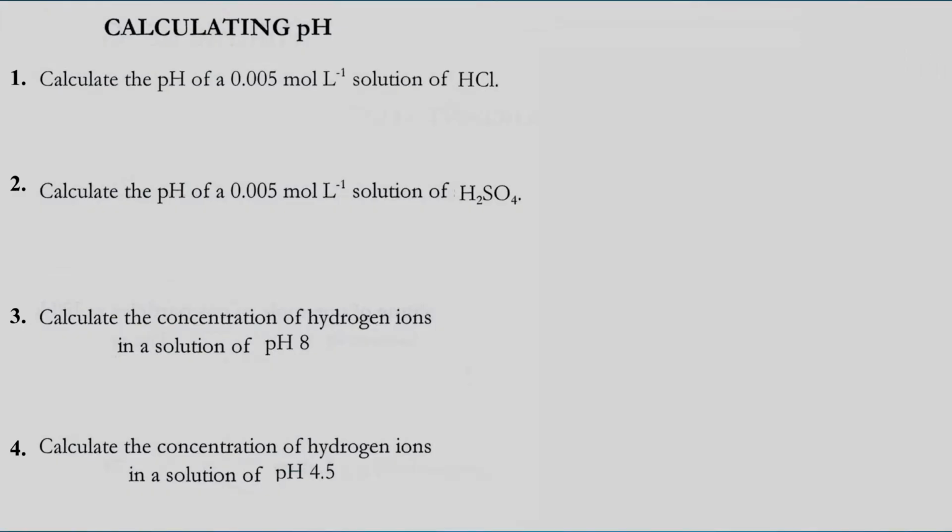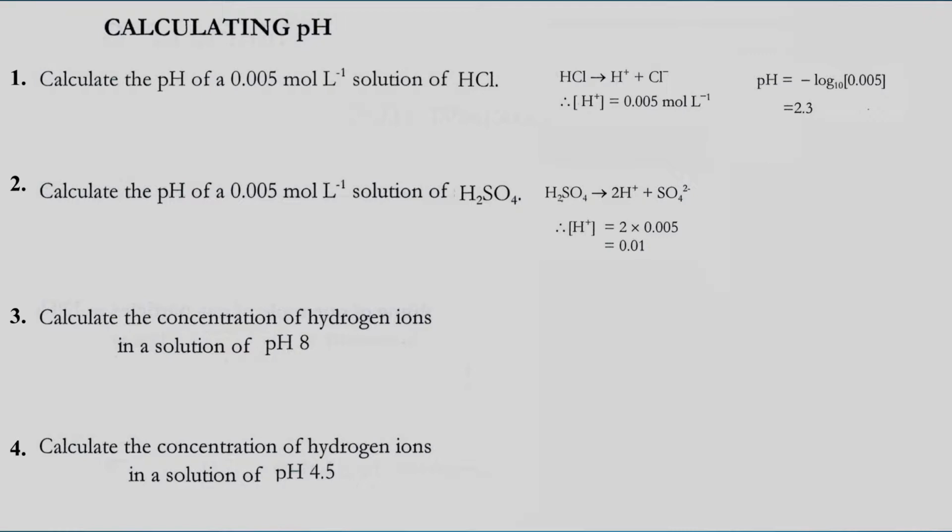Let's do some exercises. Can you convert mole per liter into pH? First question. What will be the answer by calculator? Second question. Careful, this is a diprotic. Diprotic means each molecule will give 2 H+.